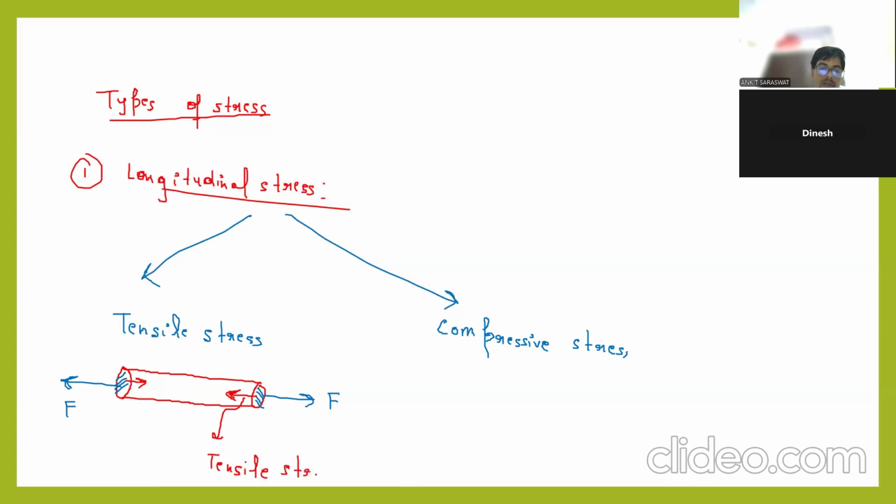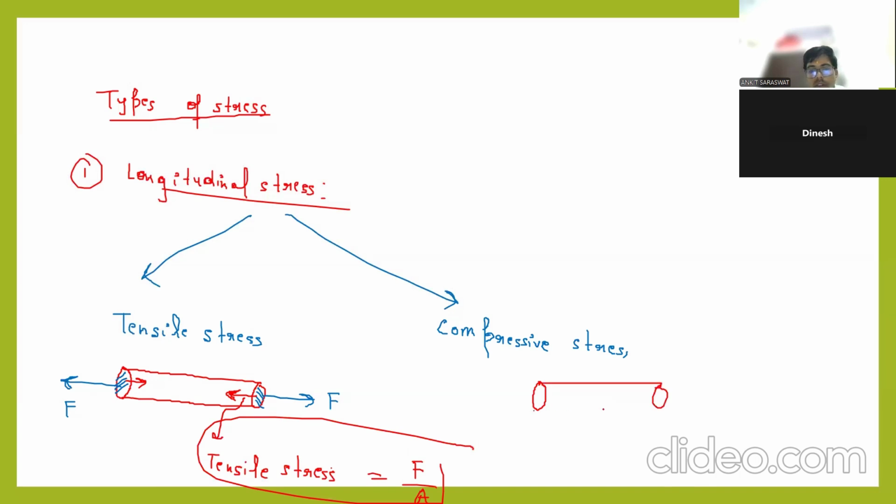It is what? F by A. Understood? This is tensile stress inside. Clear? Compressive stress means when you are compressing a body. This is a deforming force when you compress.